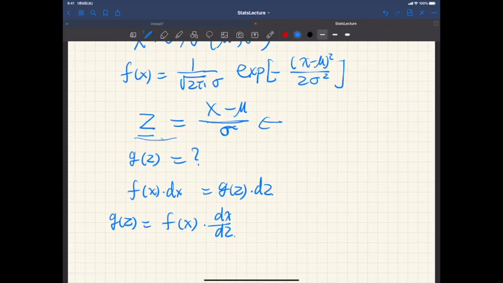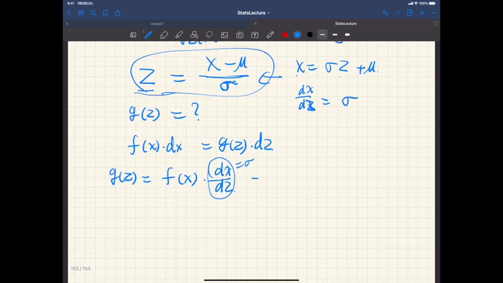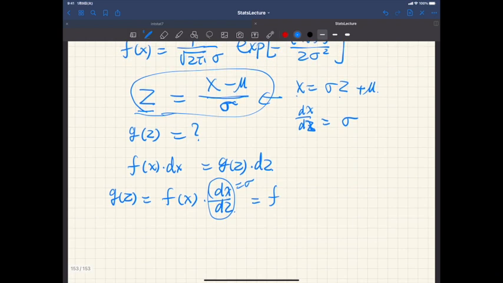From this transformation we can solve for x, which is sigma z plus mu. So dx/dz is just sigma, and f of x, we replace x with sigma z plus mu, times sigma.